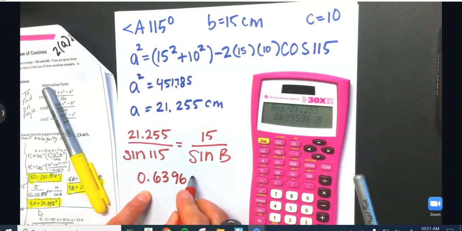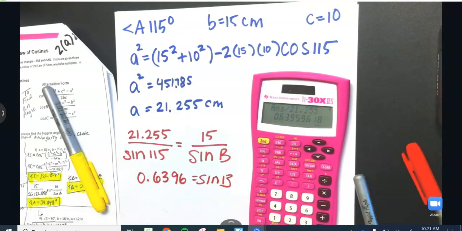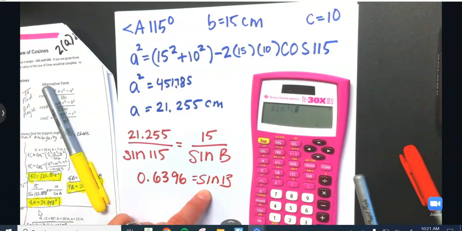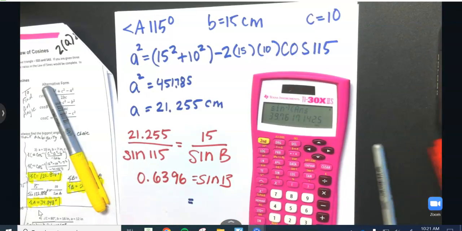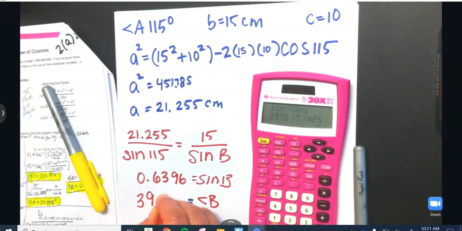But we want the angles, so don't forget you have to raise that to the negative first sine function. Type in that previous answer. Tell the calculator to do it. You don't type it in. So angle B, guys, you should have got 39.762 degrees.